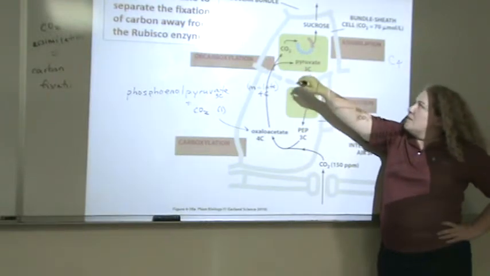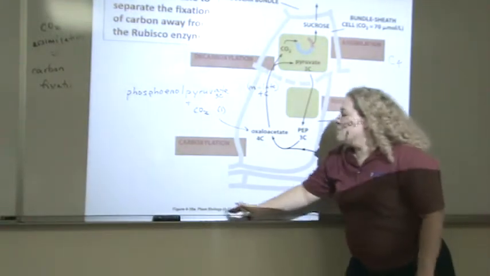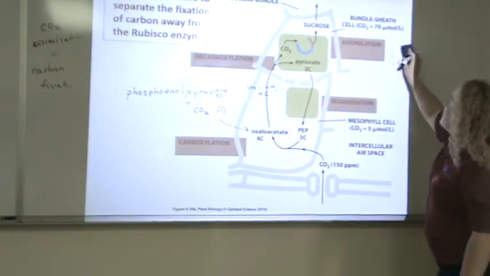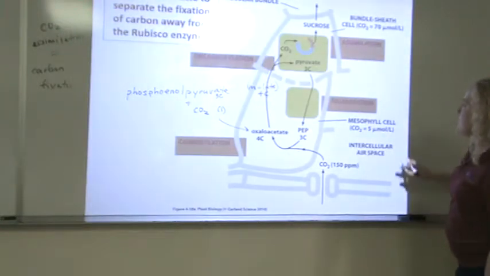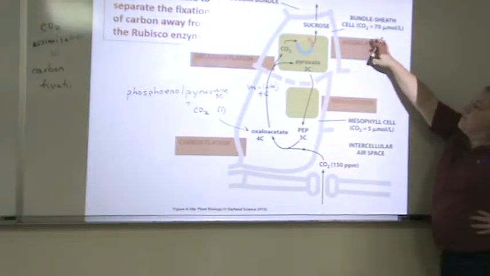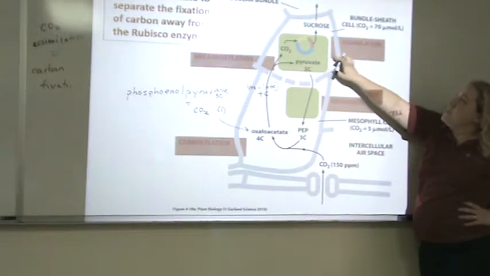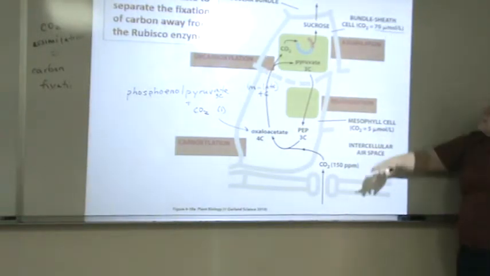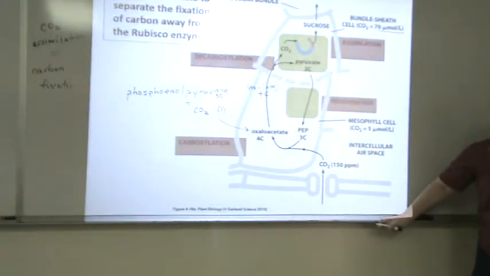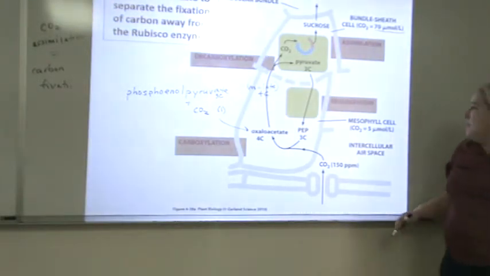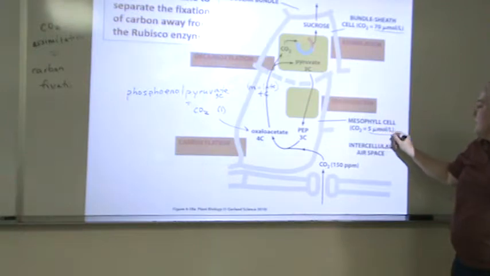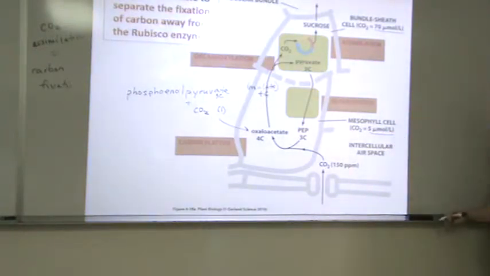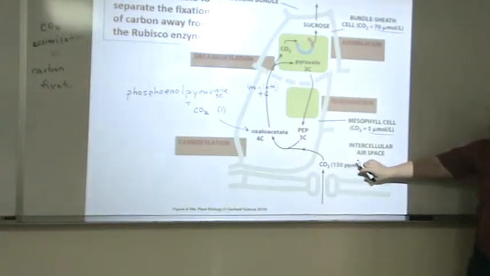So in the bundle sheath cells, CO2 is enriched in there, and that's what these numbers are referring to. The CO2 concentration in the bundle sheath cell is 70 micromolar in this scenario. In the mesophyll, it's 5 micromolar. And in the airspace, it's 150 parts per million.